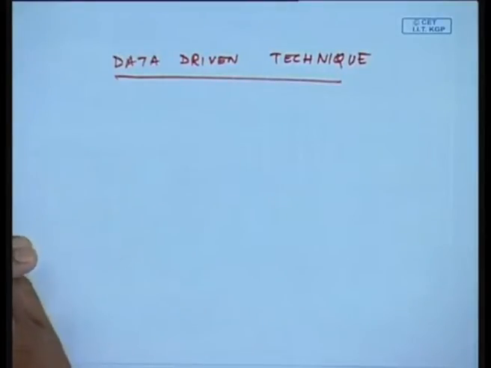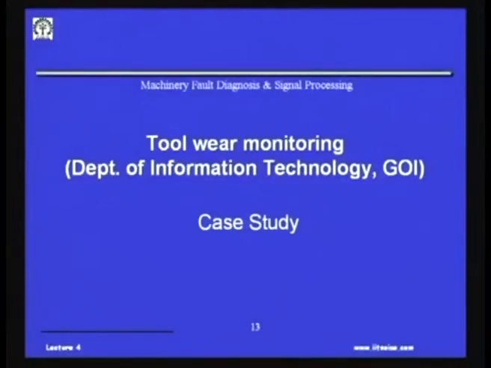So we are going to talk about a tool wear monitoring case study. In fact, this was a project which we did at IIT about a decade ago, and this was sponsored by the Department of Information Technology here.